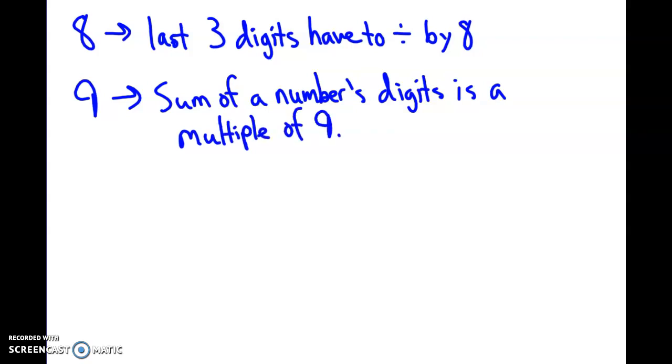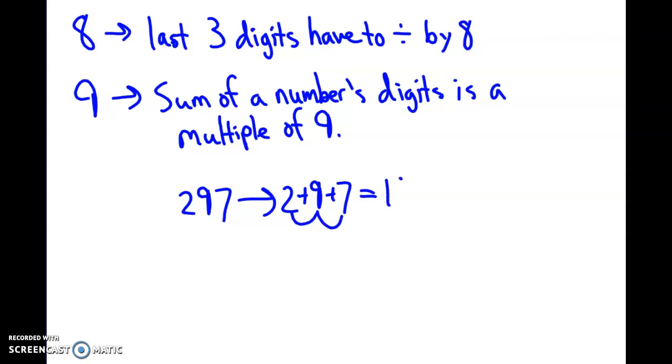So for example, let's take something like 297. We're going to expand this open to go 2 plus 9 plus 7. And what we end up getting is 11 plus 7, which is 18. 18 is a multiple of 9, so this number is also divisible by 9.